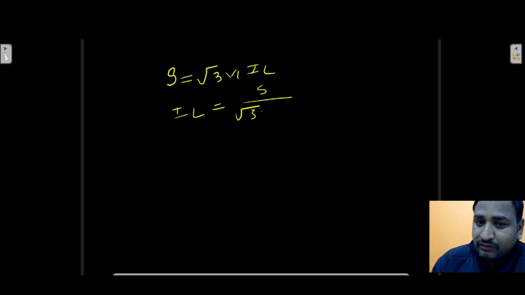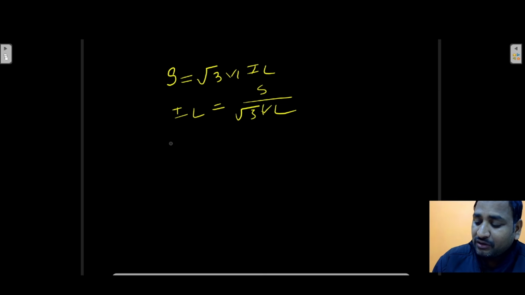Here I will explain. The basic apparent power which is transmitted is given by root 3 VL IL. From here I can write IL as S by root 3 VL.